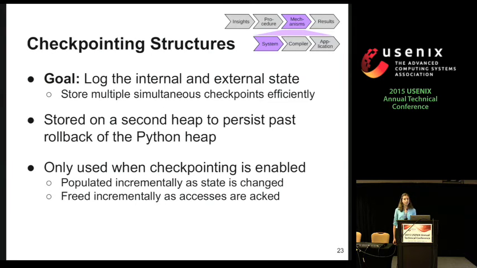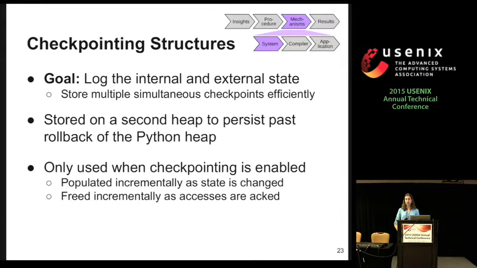Phoenix divides the SRAM into 2 different heaps. A standard Python heap, which stores all of the internal program state, including the variables, and a separate, smaller recovery heap, which stores 3 different types of checkpointing structures. These structures are designed for efficiency, so they're only built up when checkpointing is enabled, and checkpointing is only enabled when there's actually a chance of failure, which in this case is when there are outstanding peripheral accesses.